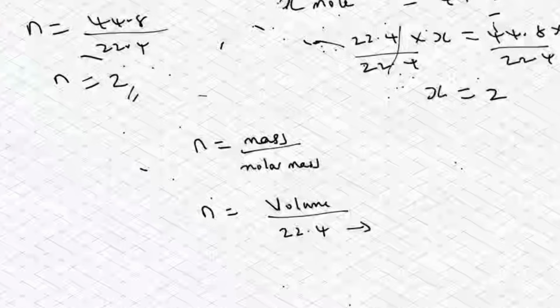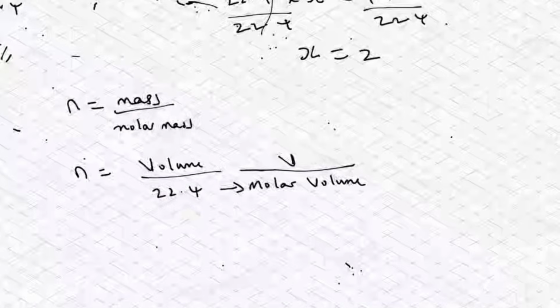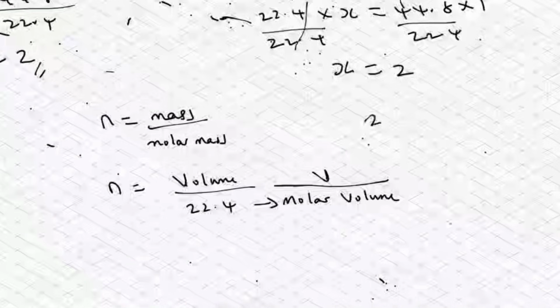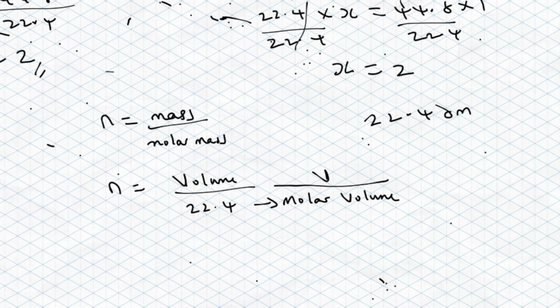Now this 22.4 is basically the molar volume. So if you see molar volume or 22.4, don't think it's a mistake. So V over molar volume. Now note it's 22.4 dm cube, not meter cube or any other thing. And please note, or 22.4 liters.